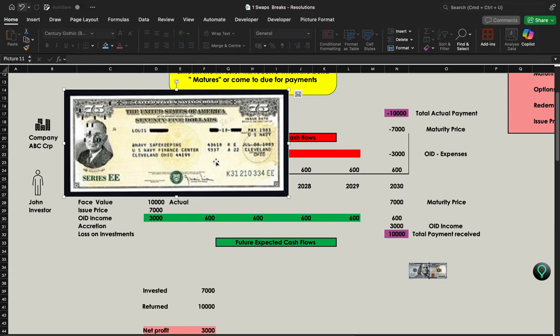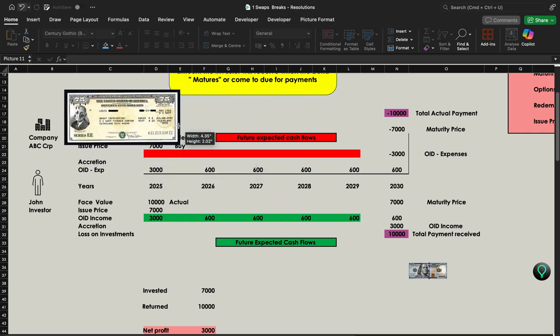On the note, you may see the name of the investor or the name of who has issued the bonds, then series, number, tracking number, then the sign of an authorized person. So that you may see on the bonds investment.